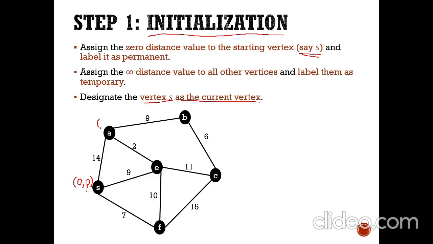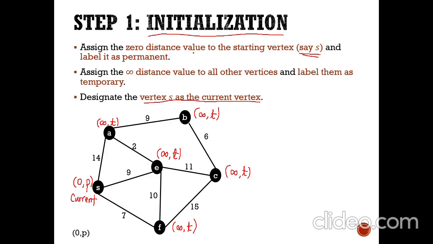So we have infinity temporary right here, infinity temporary, and then we do this to all other vertices. Okay, and then for the last line, we will designate vertex S as current vertex. So we designate this one as current. So this ends step 1 of Dijkstra's algorithm.